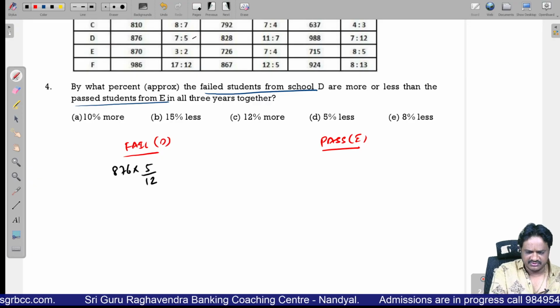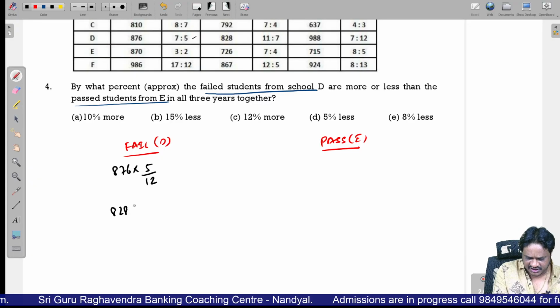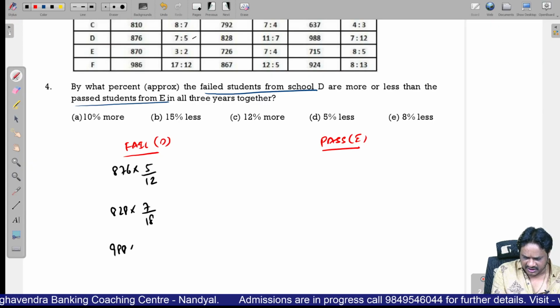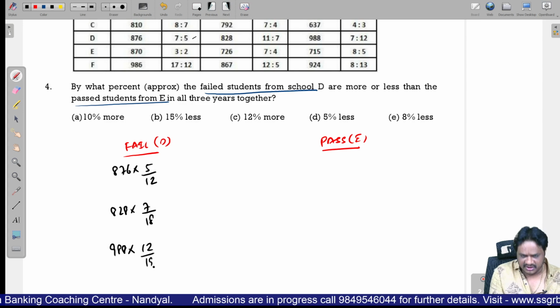So observe the table here. Then it is 828 into 7 by 18. Then 988 into 12 by 19.